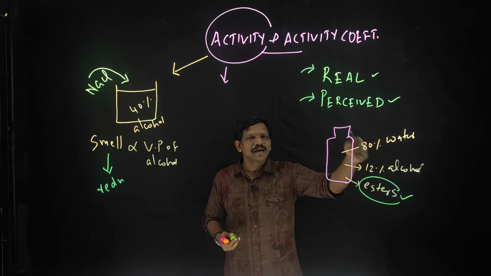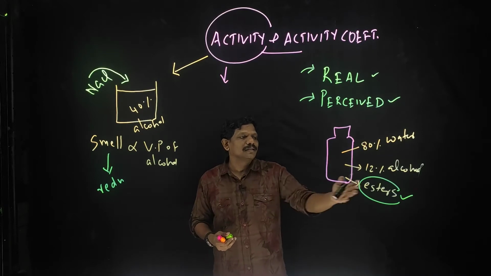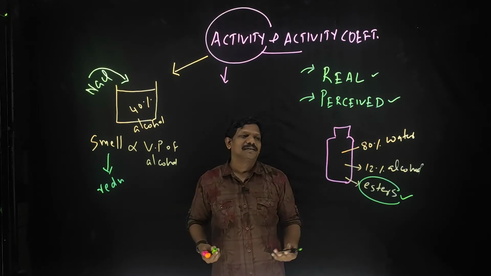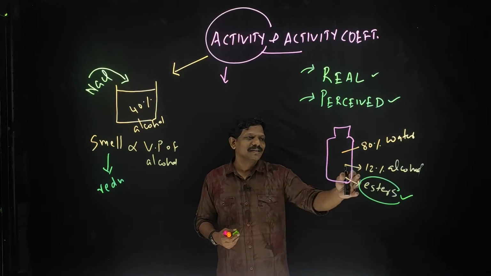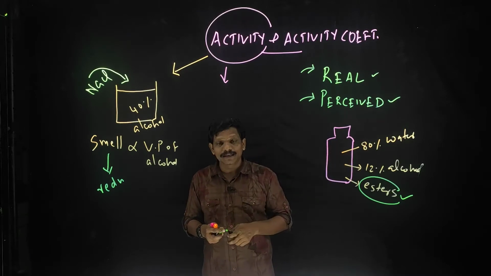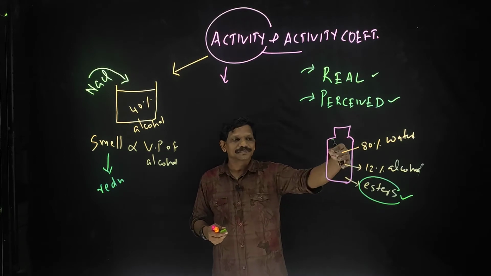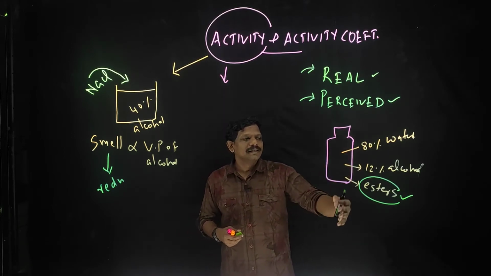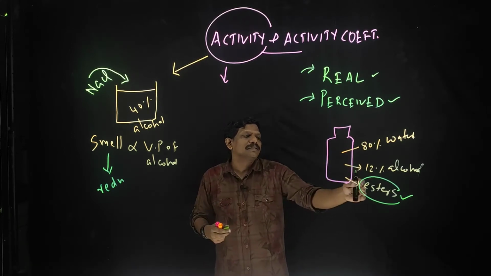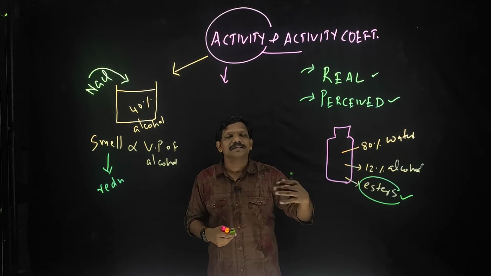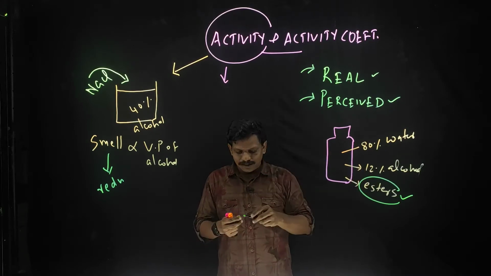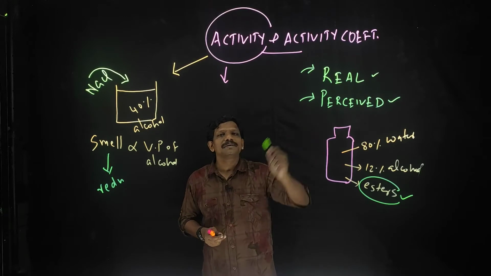But when you add alcohol, you feel that the concentration of ester is very high. That is one of the important techniques in the perfume industry. If you add a little bit of alcohol, there is a feeling that the concentration of the ester in it is very high. That is also known as the perceived concentration.